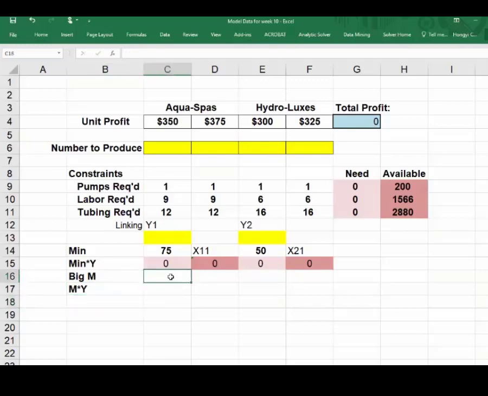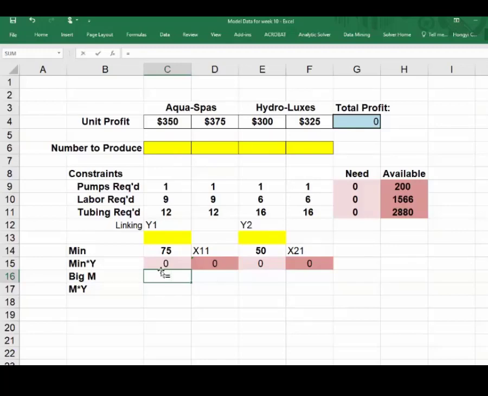Now for this big M value, we talked about it being the upper bound of our x. In this particular problem, the x12 represents the amount of aqua spa that you produce starting from the 76th unit. So you will need to find out in total what's the maximum amount of aqua spa you can produce, subtract the 75. That will be the upper bound of your x12.